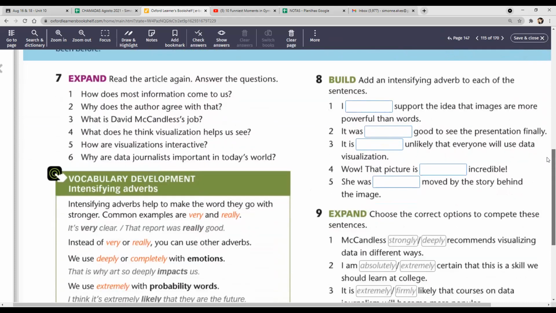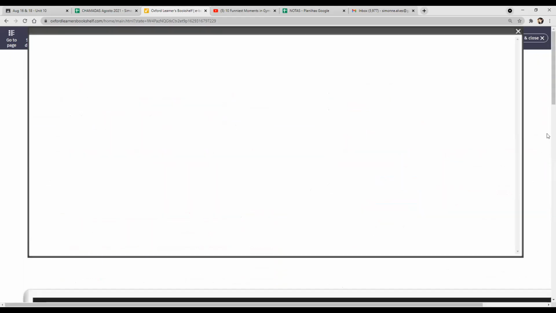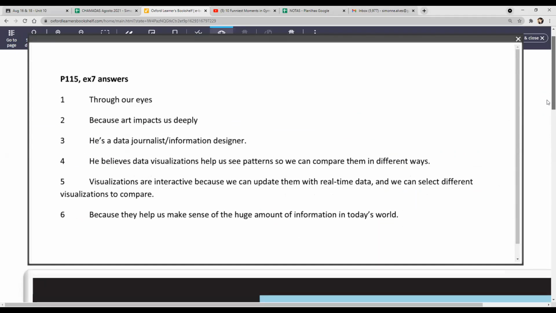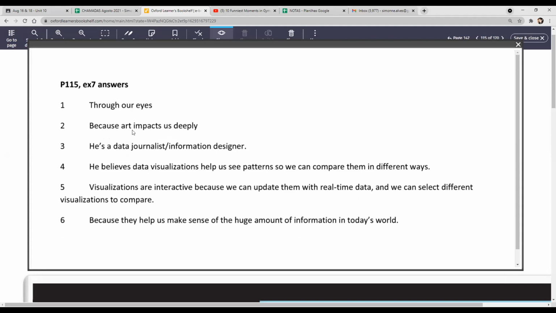Okay, guys, very nice. So let's just check out the answers they have from the book just to make sure we got everything all right. Look. Okay, the first one, we get information through our eyes. Why does he agree? Because art impacts us deeply, because he's an artist, is also good. He's a data journalist and information designer.